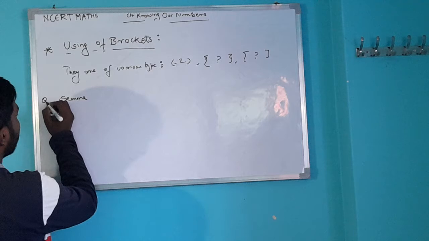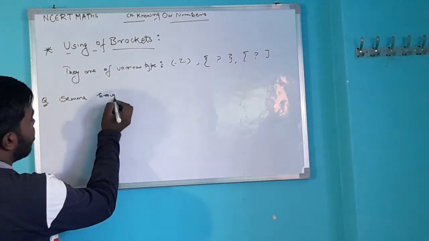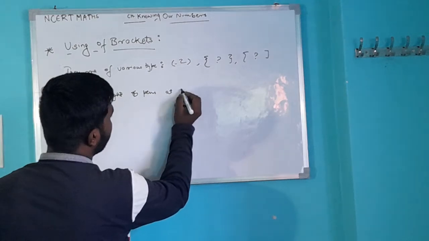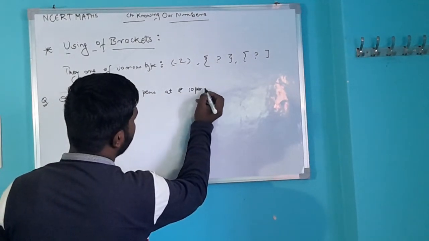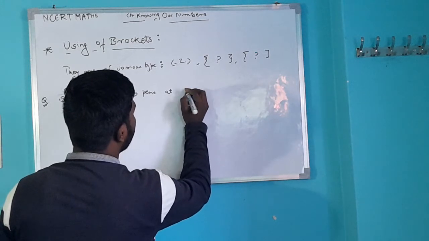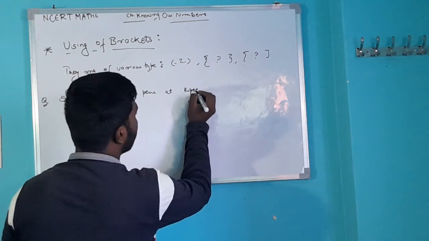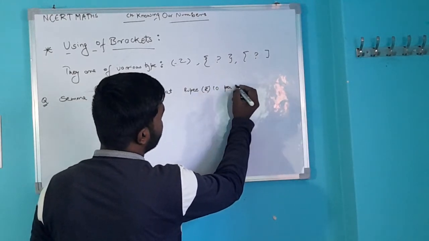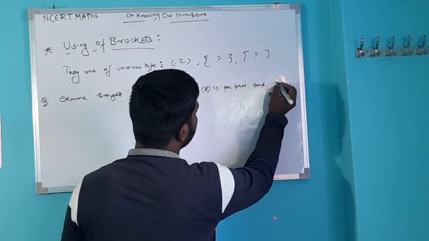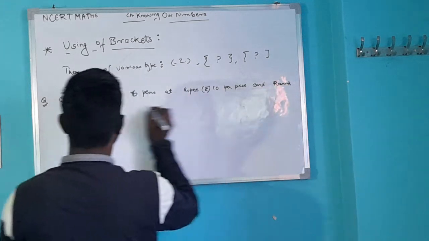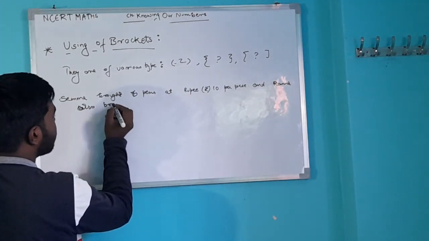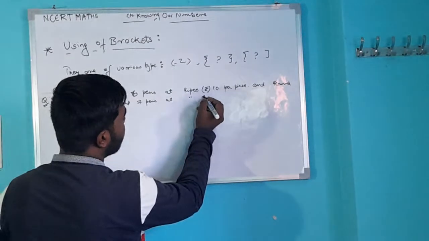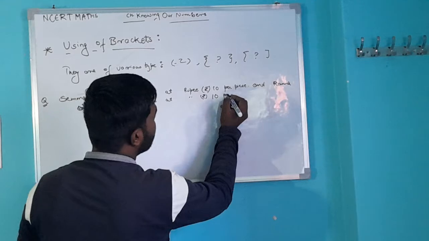Seema brought 6 pens at rupees 10 per piece, and Rama also brought 7 pens at rupees 10 per piece.